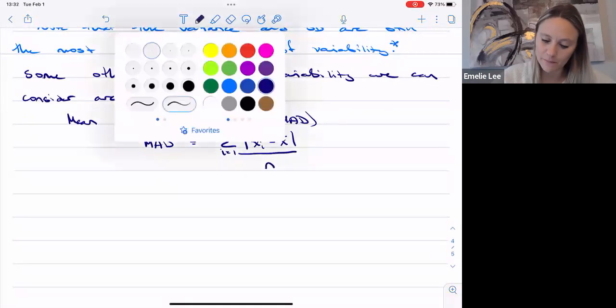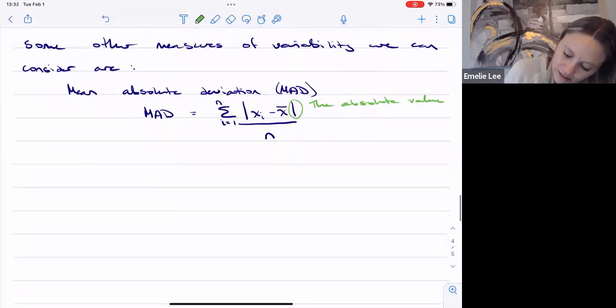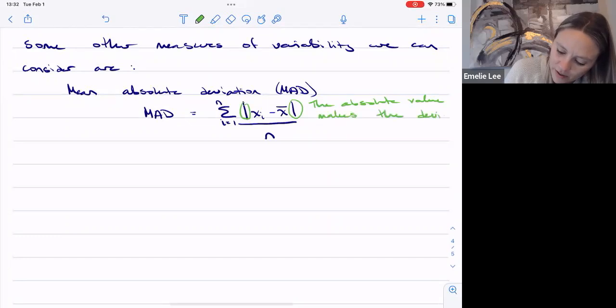And so here, right, the absolute value makes the deviations positive.